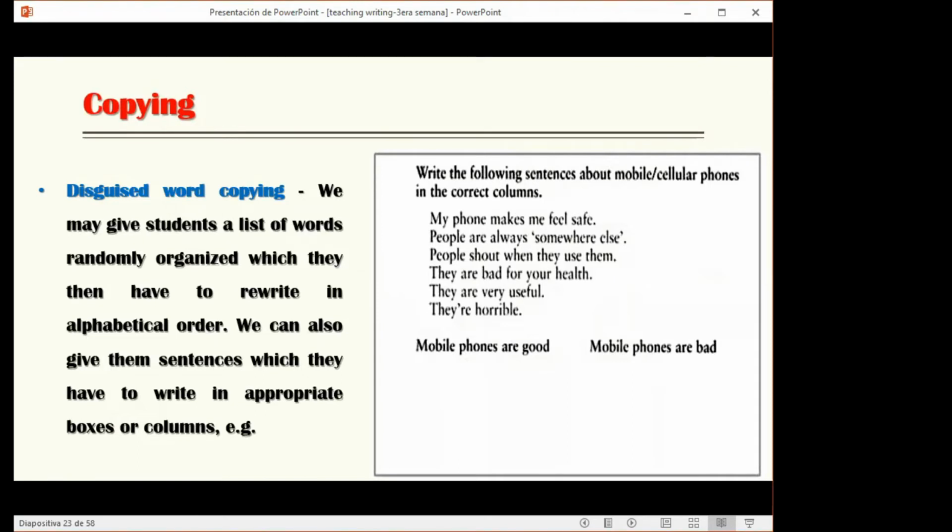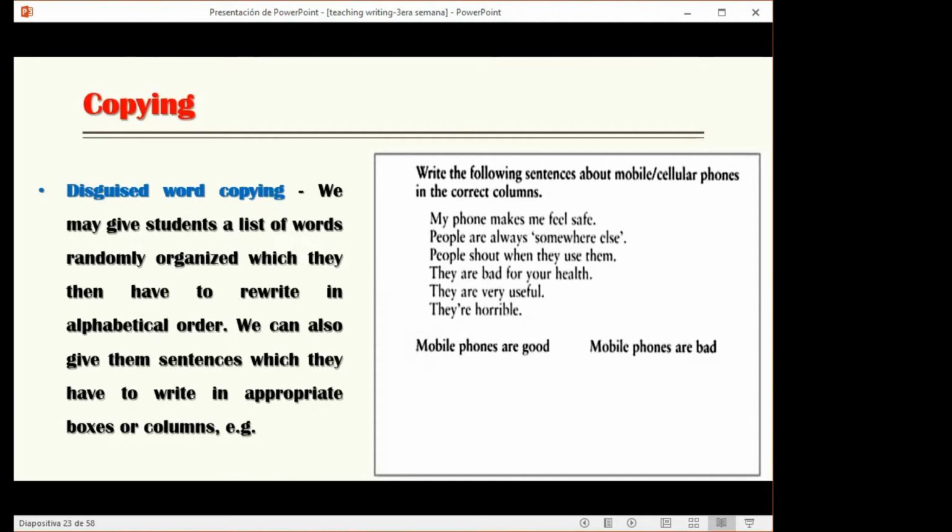Notice, you give your students again a list of words in a random way, and then they have to rewrite it in an alphabetical order. Or you could give them sentences and they need to write them in the appropriate boxes or columns.